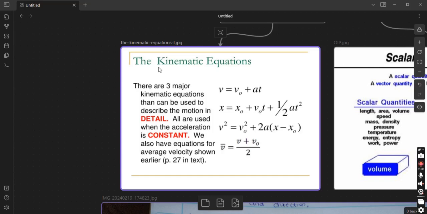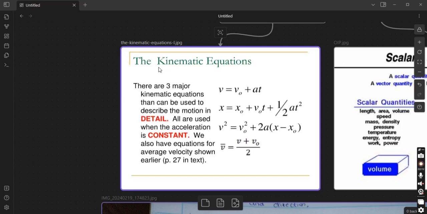We have the change in x, so they separated it into x final minus x initial, and then they transposed the x initial to the right side. So we have x is equal to x initial plus v naught t plus 1 over 2 a t squared.